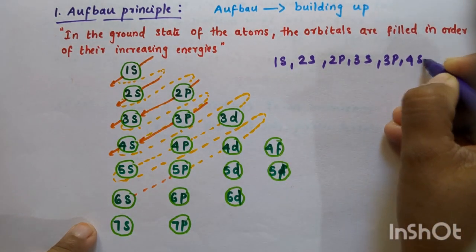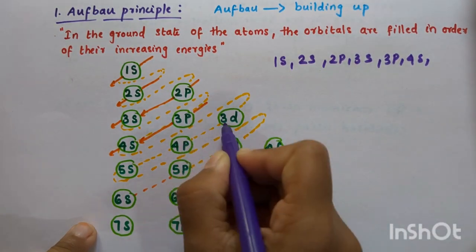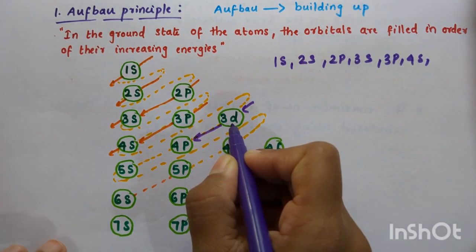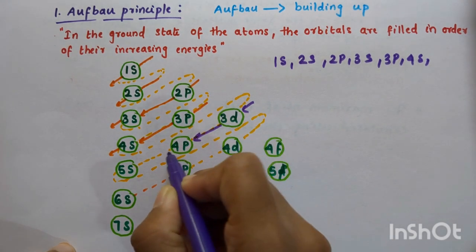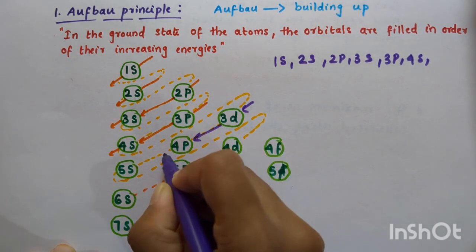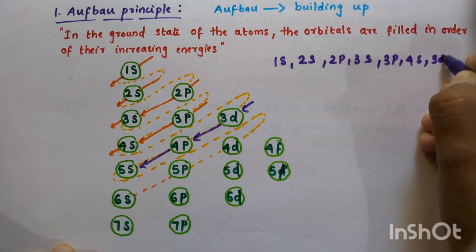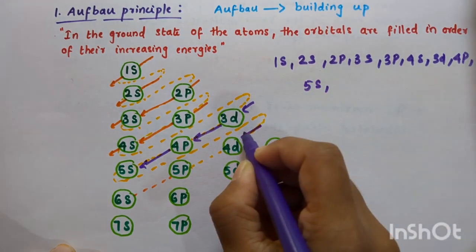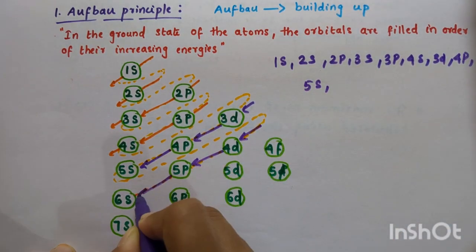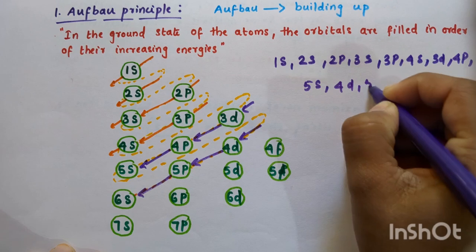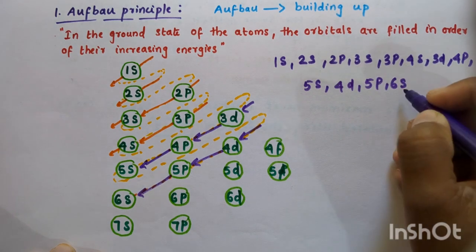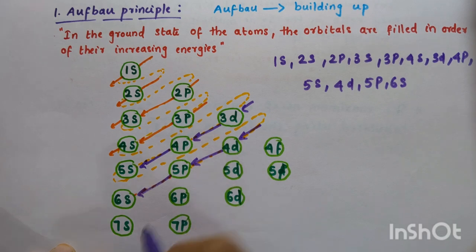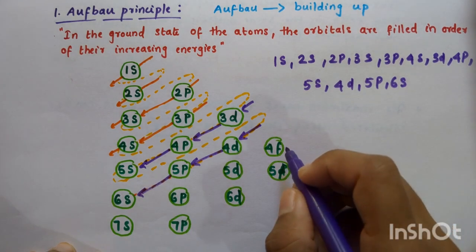Then 3d, 4p, 5s. Then 4d, 5p, 6s. Then 4f, 5d, like that. Start from the right top, then go to the bottom left. So this is the order of energies.